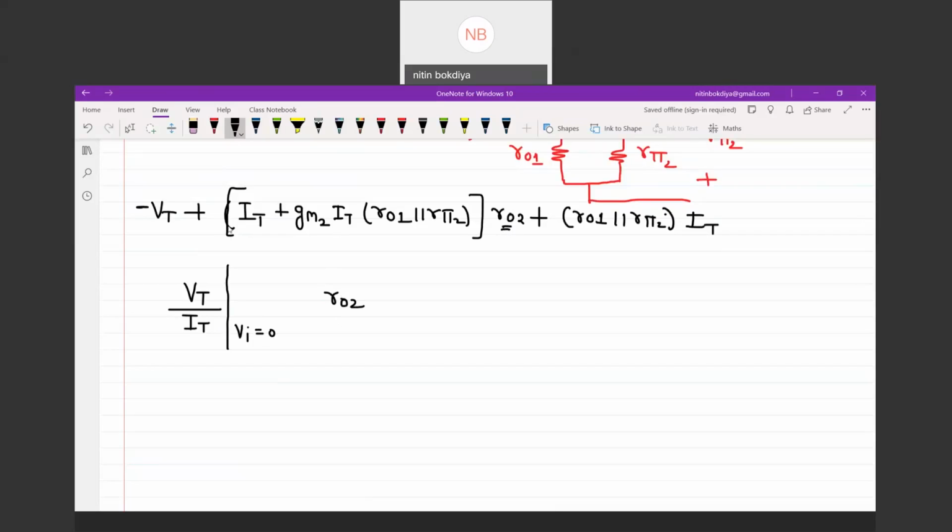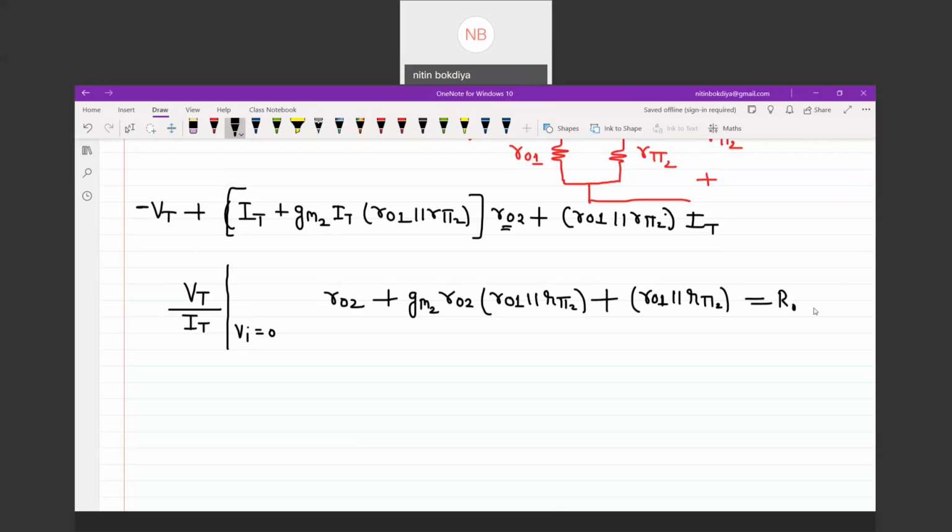I am multiplying this by 1, R02 plus GM2 into R02 into R01 parallel with R pi 2 plus R01 in parallel with R pi 2. This is the output resistance of this amplifier.